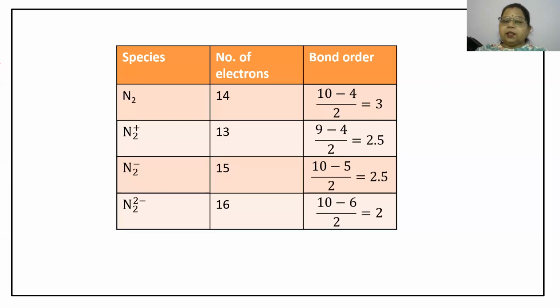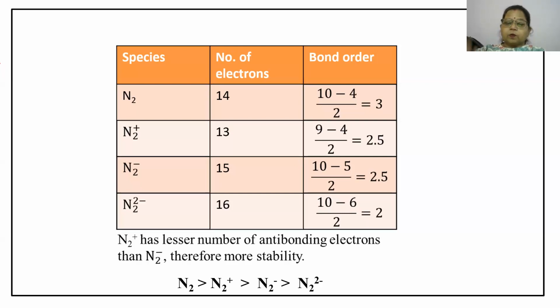As you can see, N2 plus 1 and N2 minus 1 both have a bond order of 2.5. We'll have a question on it in a short while. So the first question was, which will be more stable? And as a hint, I told you that the stability depends on bond order.